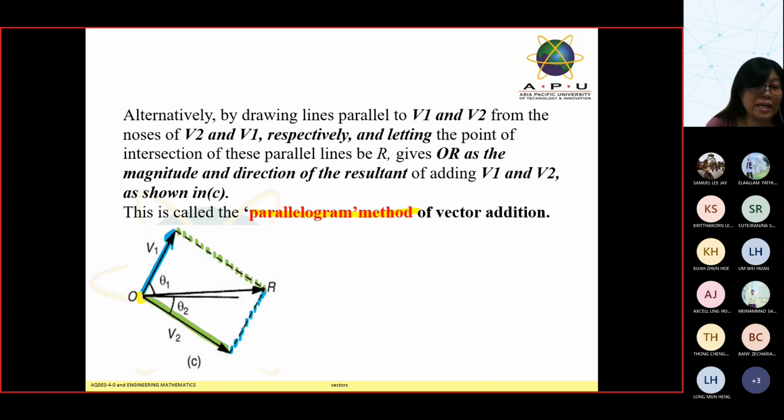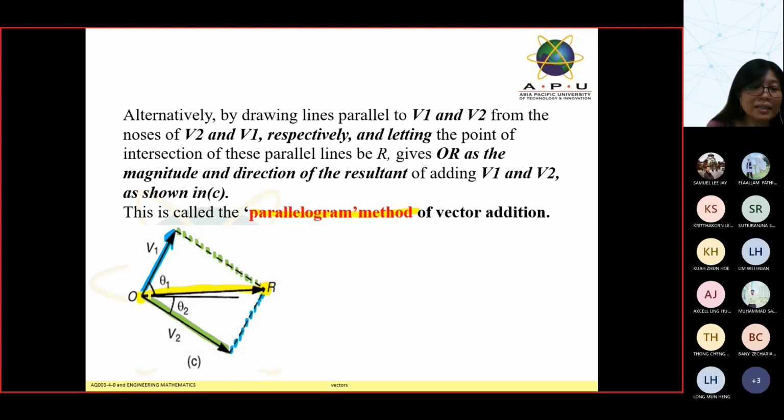After you draw the line parallel to V2 and the line parallel to V1, the parallel lines intersect here. Then you join the tail to the intersection point of the parallel lines.